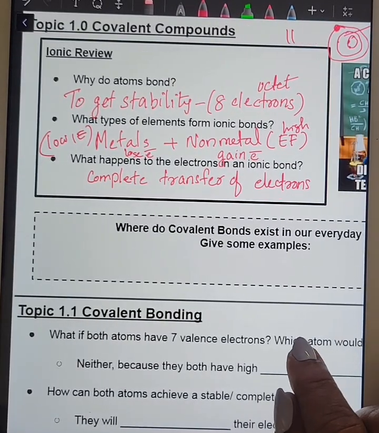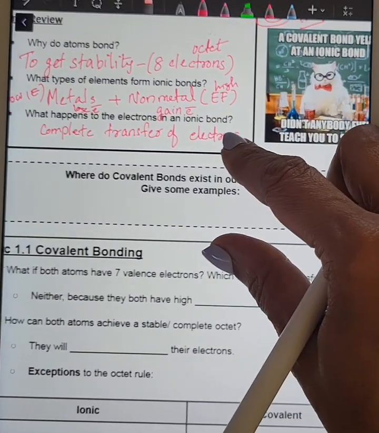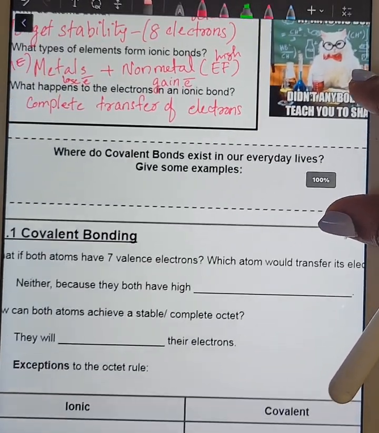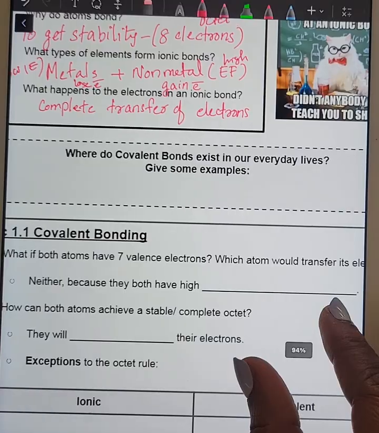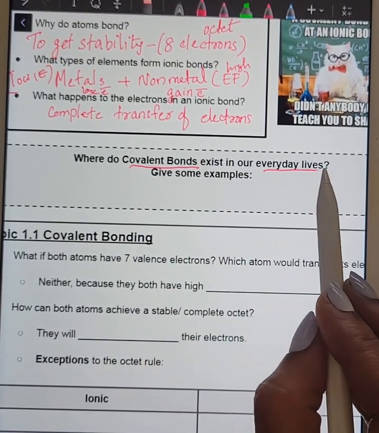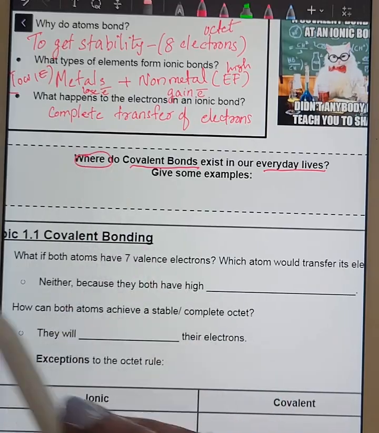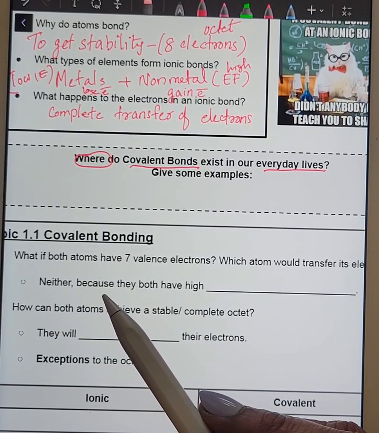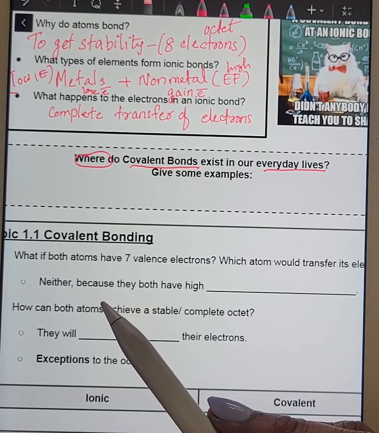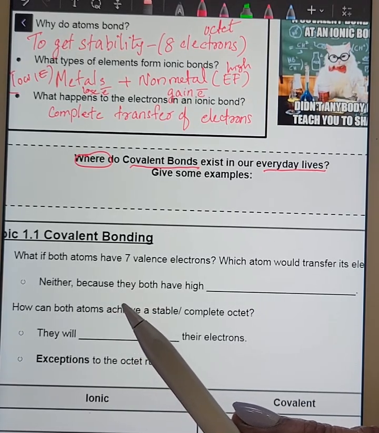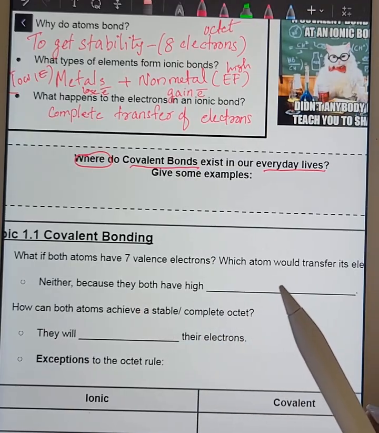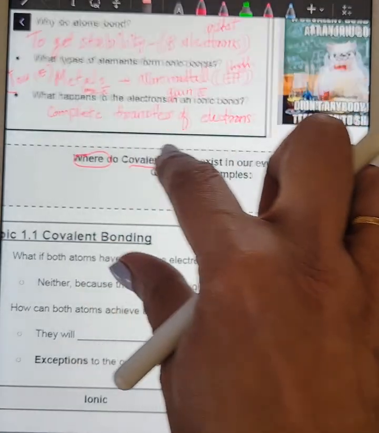Okay, so this topic is about covalent bonding. Before we start, let's review this one. Where do covalent bonds exist in our daily life? Think about some examples which have covalent bonds. You all learned biology, so you know that all biomolecules contain covalent bonds.